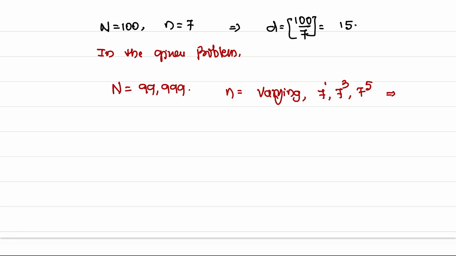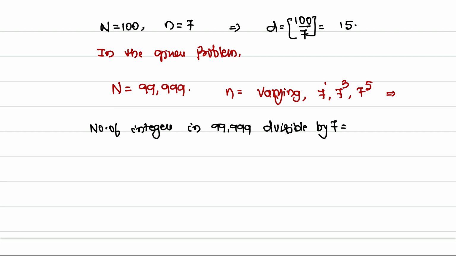Number of integers in 99,999 divisible by 7 is equal to 99,999 divided by 7, that is equal to the greatest integer we have to take.